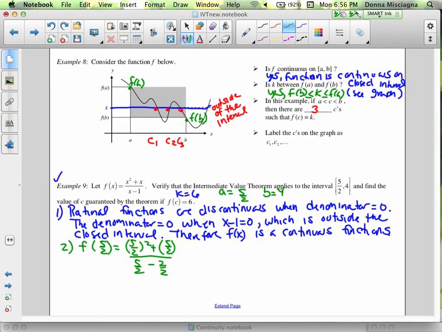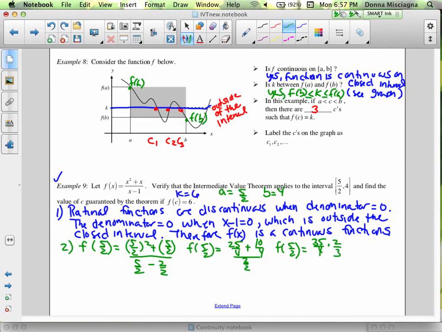So f of 5 halves is equal to 25 fourths plus 5 halves is 10 fourths, divided by 3 halves. That means f of 5 halves is equal to 35 fourths. I'm going to make that times the reciprocal, so times 2/3.